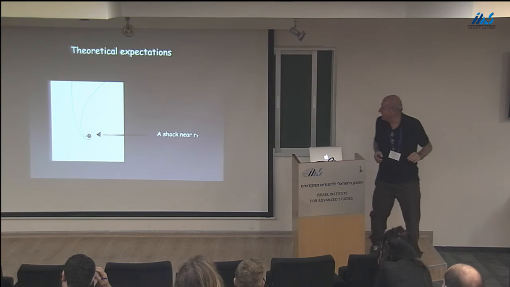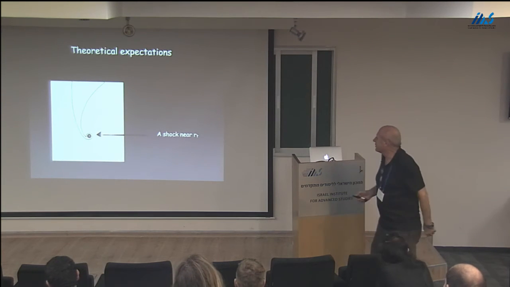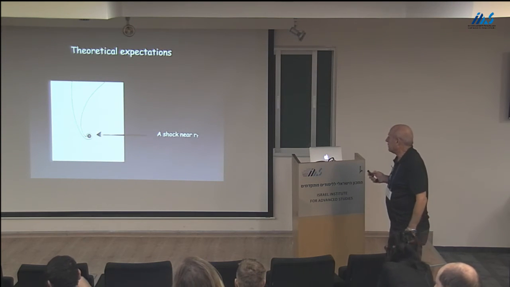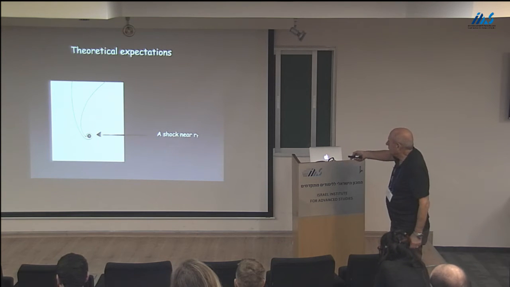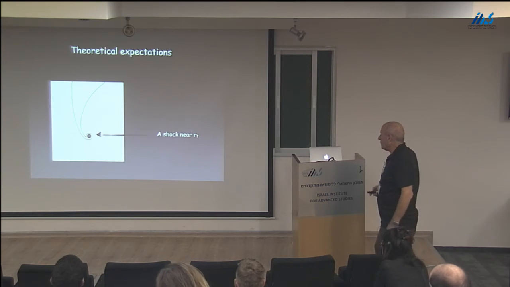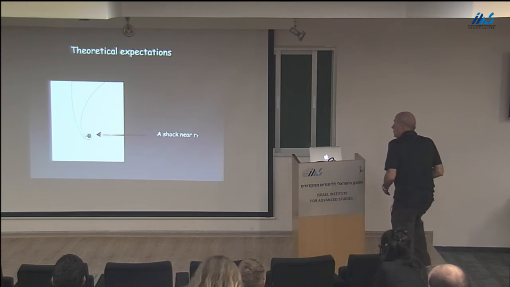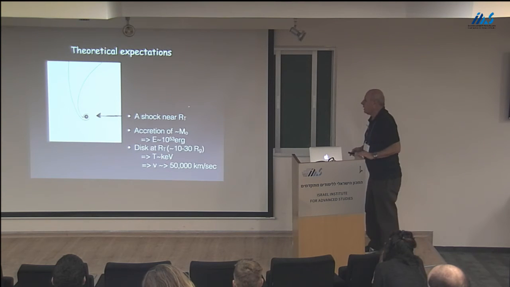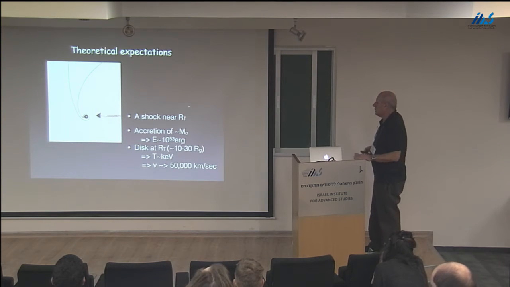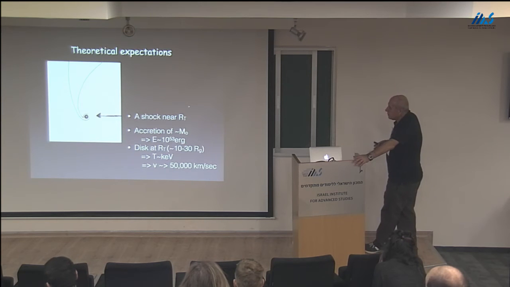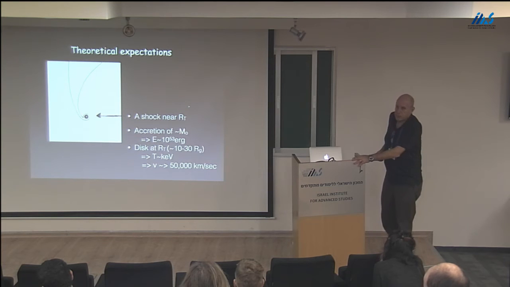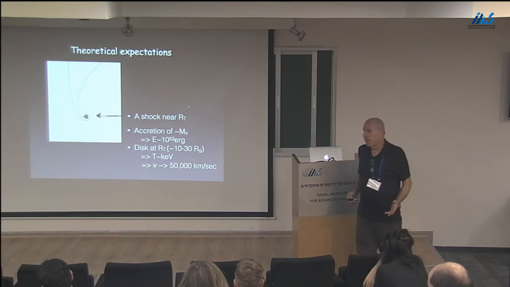So this did not happen here anyway. So, okay, what are the theoretical expectations? The theoretical expectation is that we have a shock near the tidal radius, and this shock circularizes very quickly. The implication is that if we have an accretion of about a solar mass, then with reasonable efficiencies from this accretion disk, we should see something like 10^53 ergs coming out.